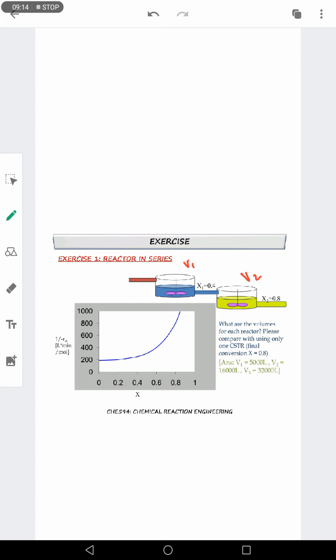And this question is giving you the graph as well. So bermaksud kalau disuruh cari volume, dia dah bagi X1 as 0.4 kat sini sebab dia CSTR, so you siap-siap boleh calculate dah dia punya square area ni. So kemudian V2 dia, you boleh siap-siap calculate kat sini pula.